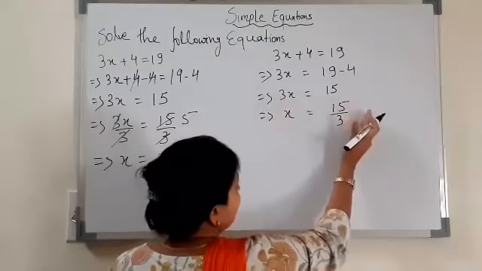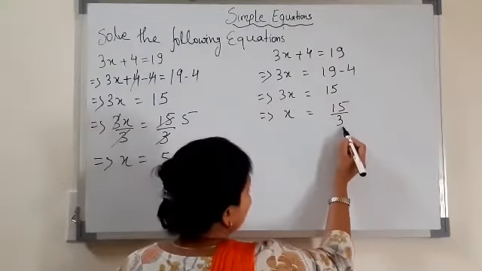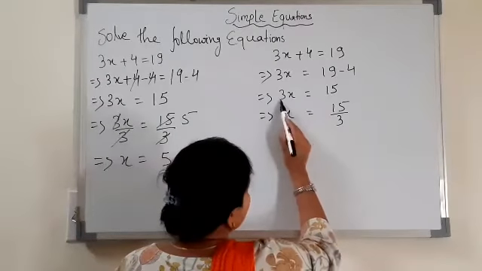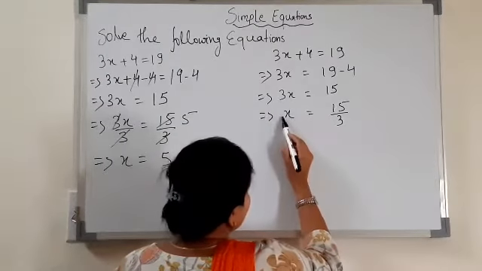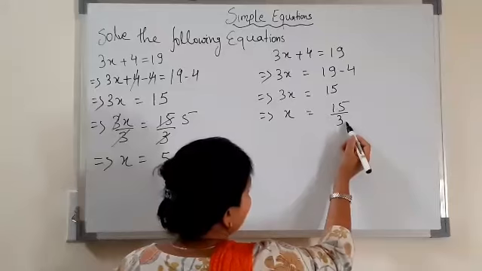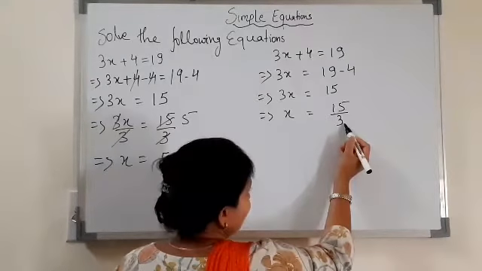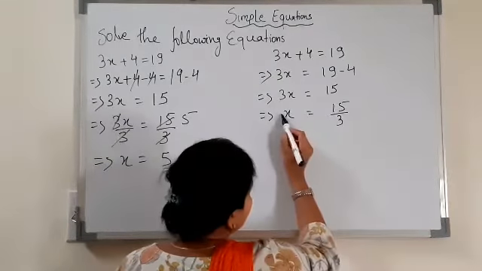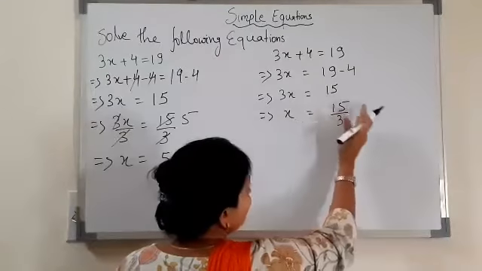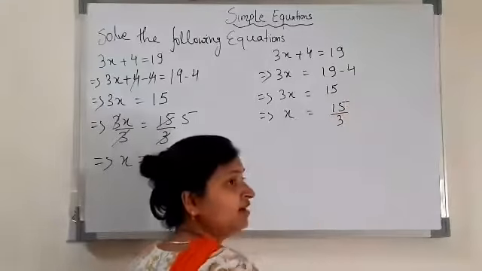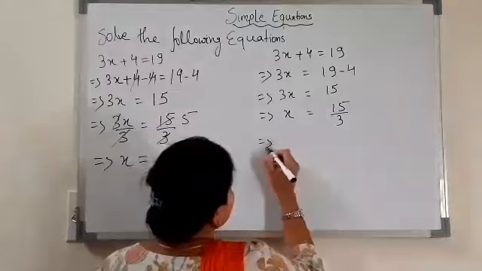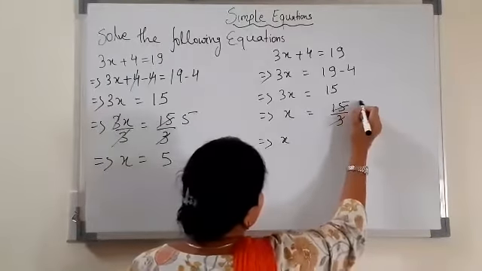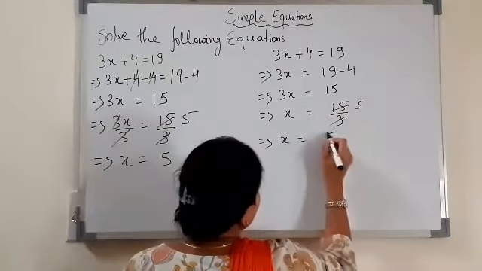It will go to the other side in division form. I have changed the side of this 3 from left hand side to right hand side, and I have divided. Now x is equal to 5.